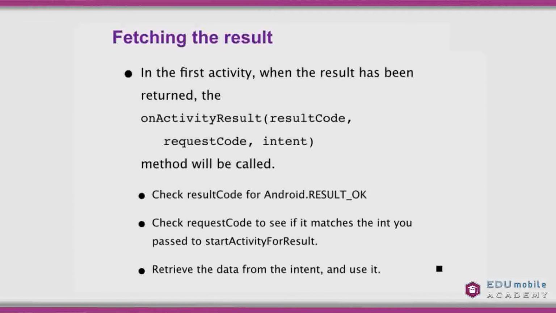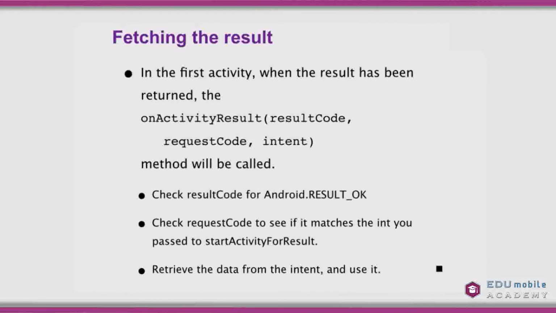So onActivityResult has three parameters: the request code, the result code, and the intent itself. So you can see where this is going. The result code we're going to check against Activity.RESULT_OK. Well, we set it, hopefully, in the new activity. So when we come back to the old activity, this result should be RESULT_OK.